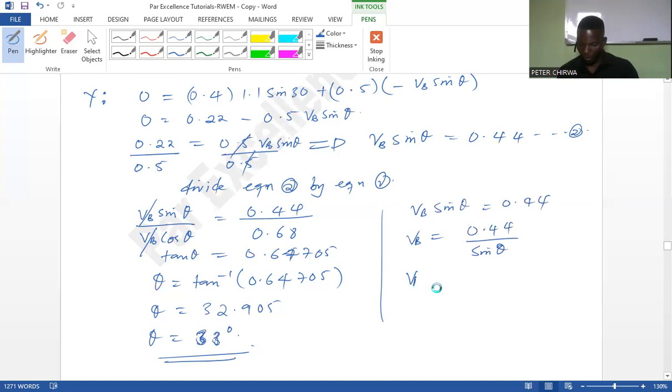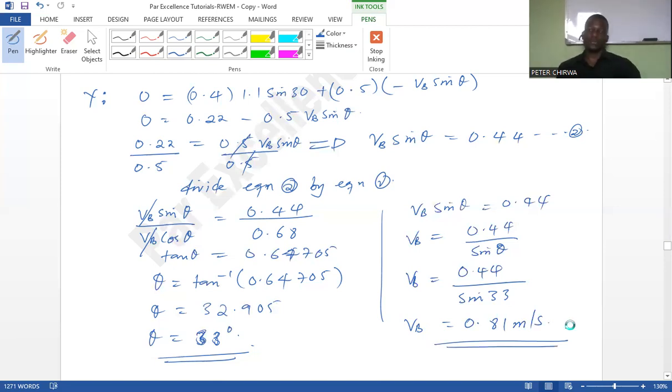So VB is basically 0.44 over sine 33, which is 0.81 meters per second. So that is how you solve such a linear momentum problem when it comes.